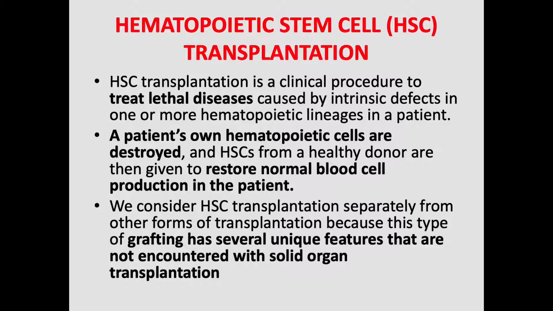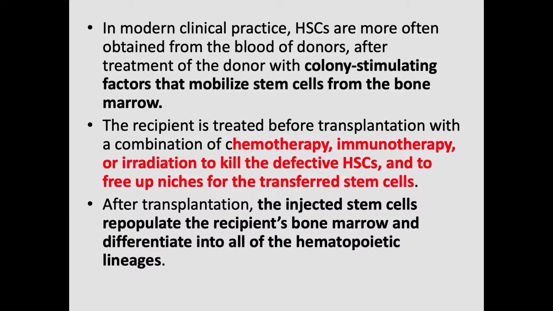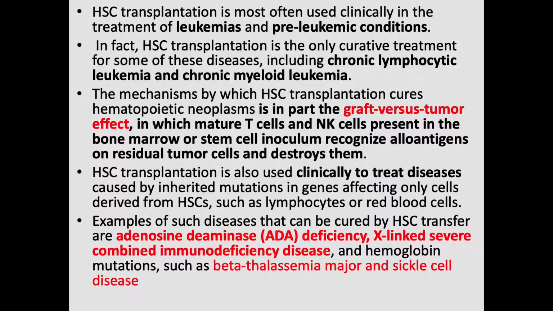Mostly we use this type of treatment, hematopoietic stem cell transplantation, to treat some cancers like leukemias or bone marrow tumors, and also for some congenital disorders like severe combined immune deficiency, X-linked or autosomal recessive mediated by adenosine deaminase, or also for thalassemias and sickle cell disease.